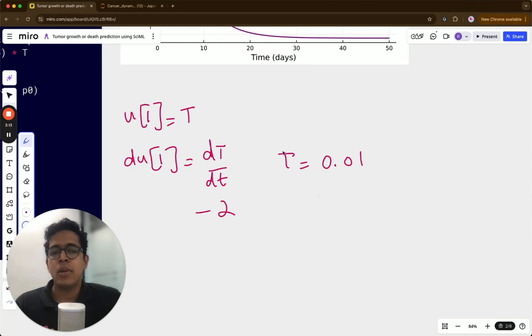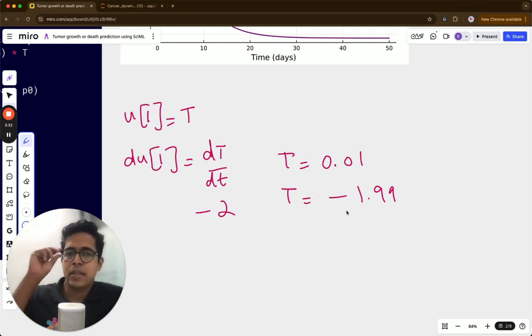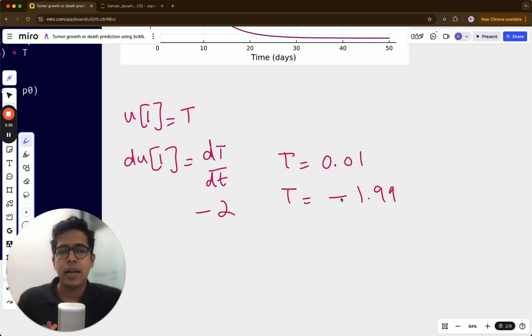Then if I run the simulation, it should not happen that I now have a tumor size of minus 1.99 or something. To ensure that tumor size is always positive, I cannot take the absolute value, because then the tumor size will again become a very big tumor. So what I do is, if I get a small negative number as the tumor size, I will convert that into 0. But if tumor size is a positive number, I will retain it as such.